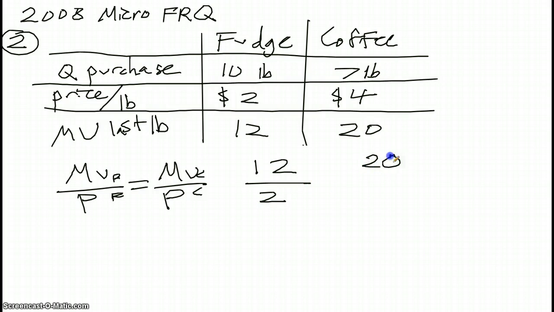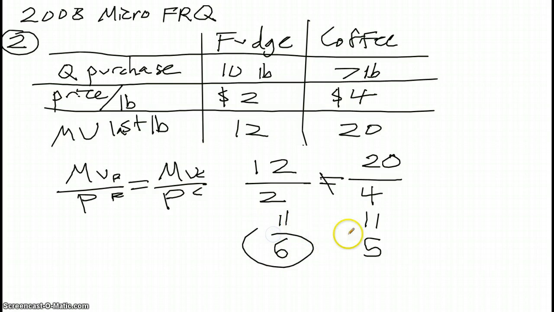And for coffee, 20 marginal utility for $4 for the previous pound. You know these are not equal because for fudge that's 6 and for coffee that is 5. So Mandy stands to gain more if she gets more fudge and less coffee. So more fudge, less coffee.